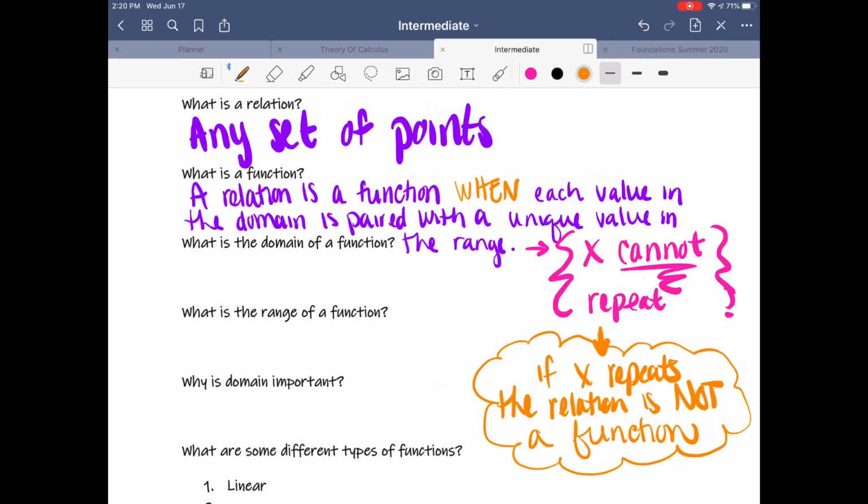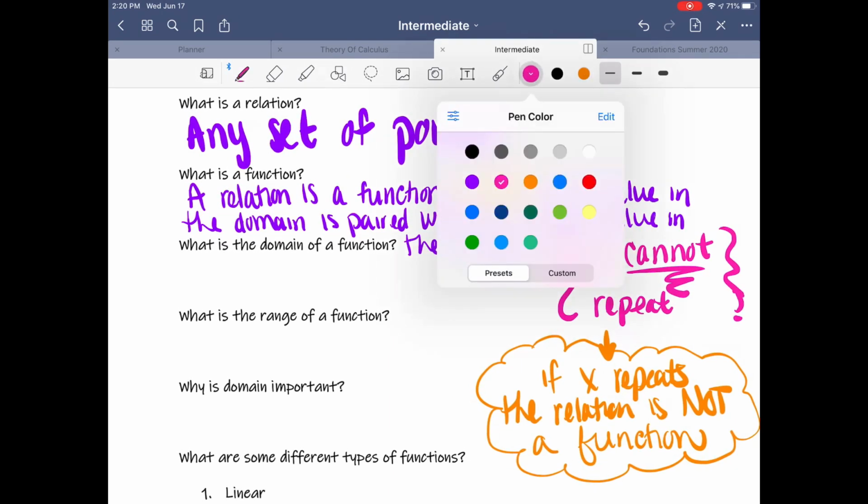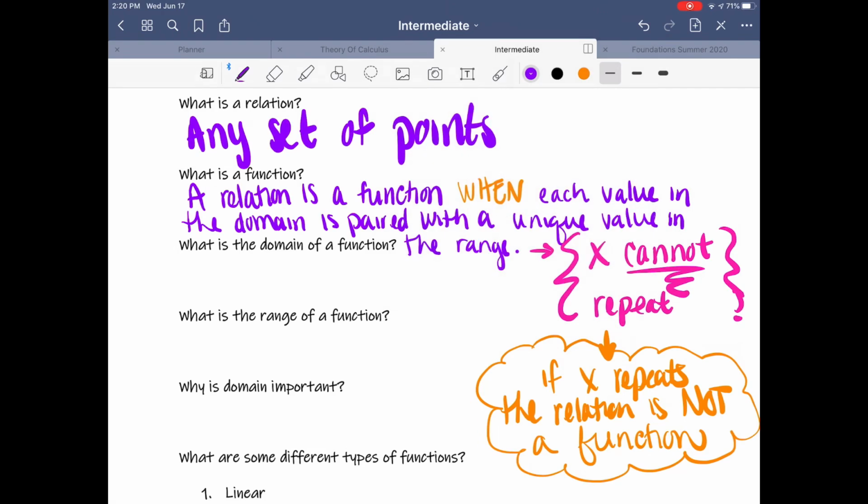So I talked about in the definition of a function domain and range. So let's discuss what domain and range is. Domain is usually associated with X, or what we call the independent variable.